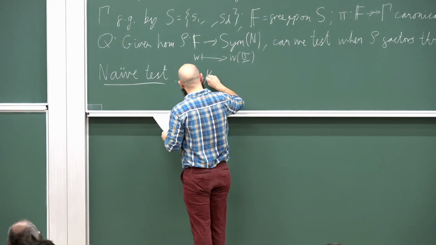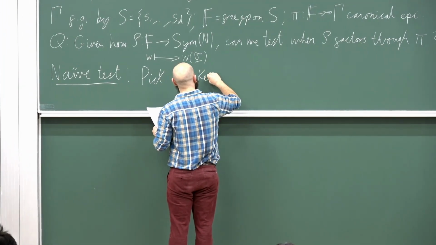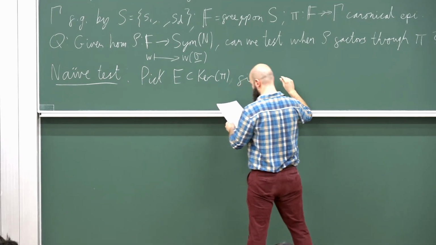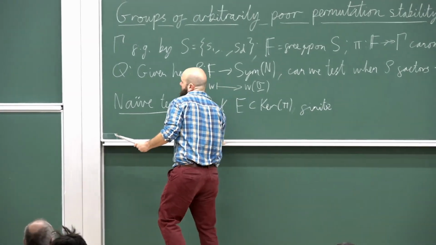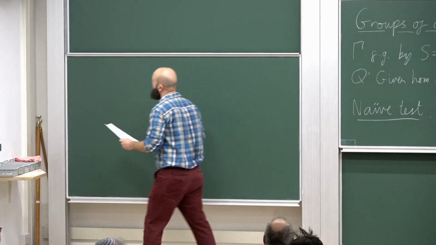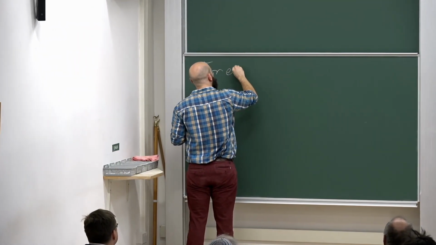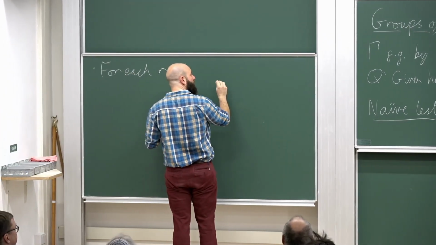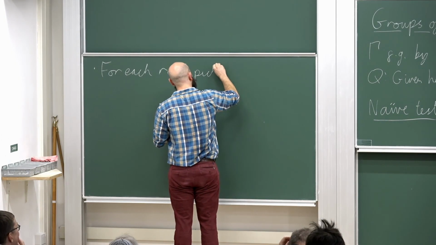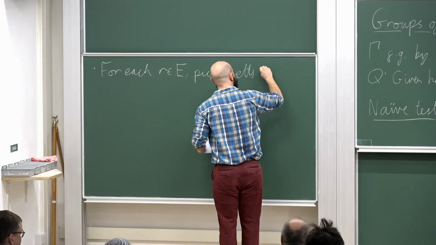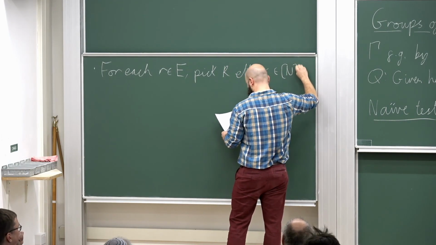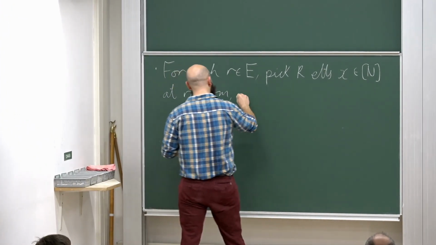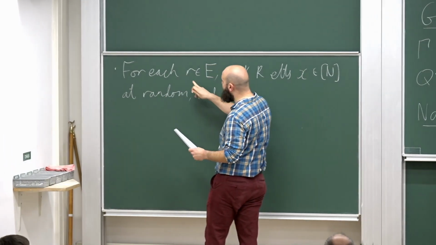So pick some finite subset of the kernel of pi in some way, and for each word, each relator R in this finite subset of relators E, pick some points in the domain of the permutation, uniformly at random with replacement, and compute where the point X is sent by the permutation R of sigma.